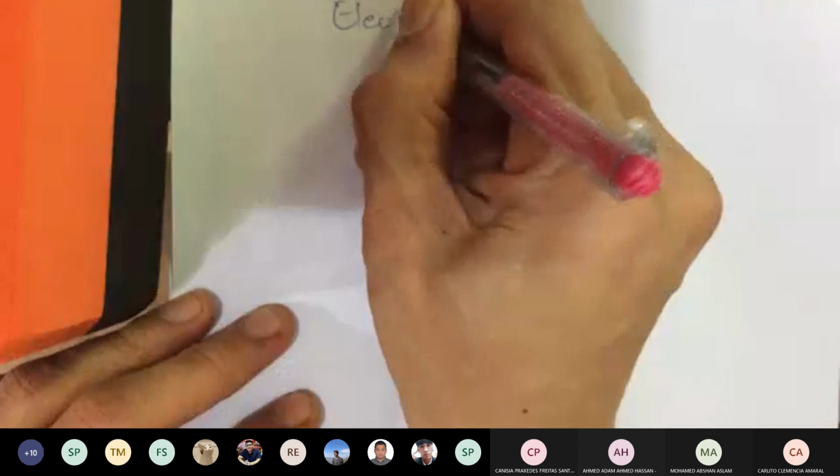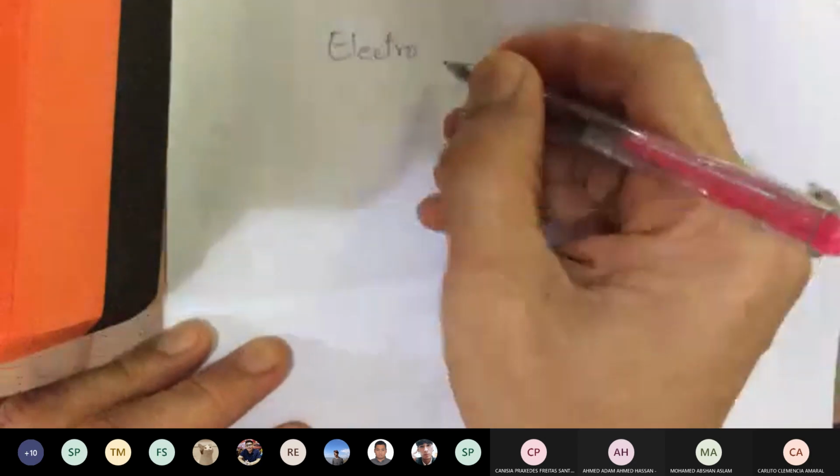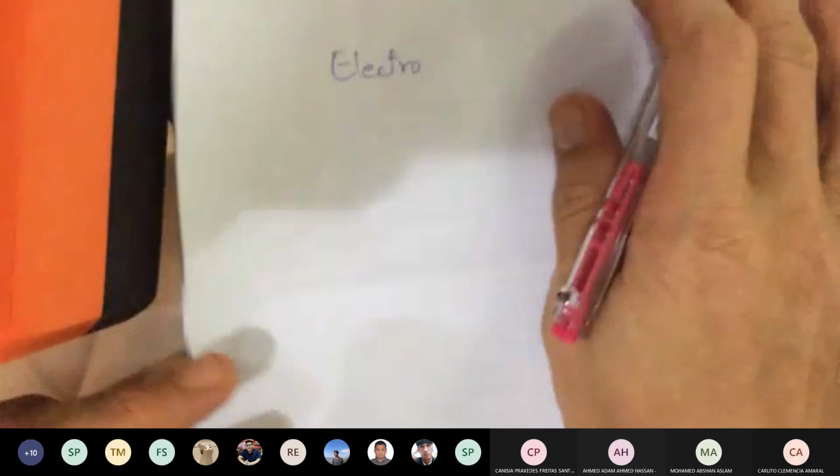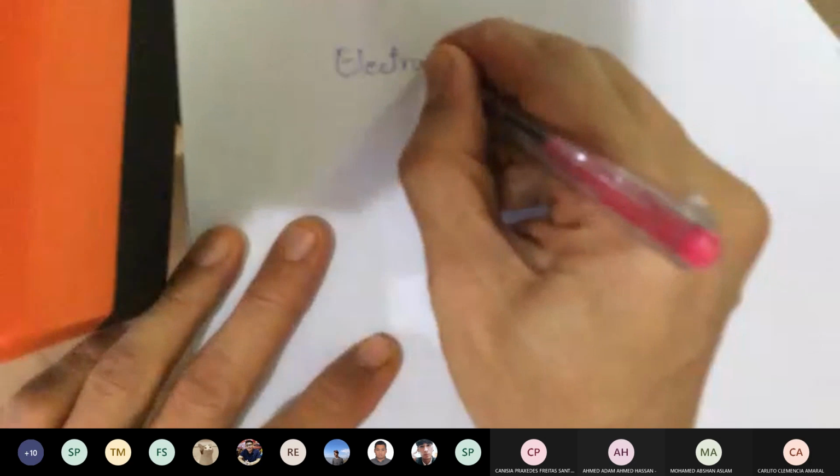Well, first we look at the title of this class. Our class is Electromechanical Energy Conversion. Let me know if it's off screen.